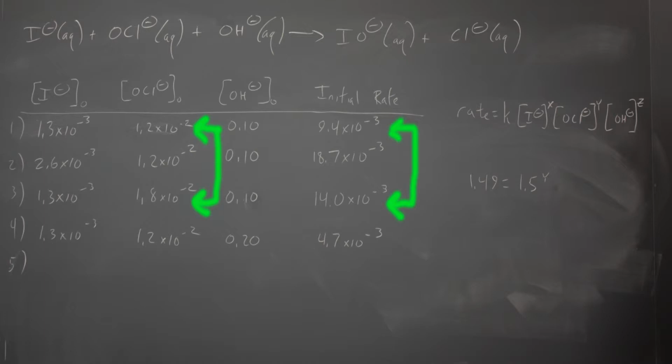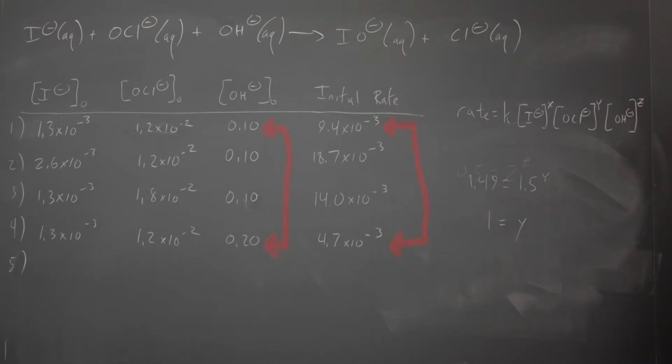And if we actually do the math, we end up with the two rate changes on the side here, 14 versus 9.4, is a 1.49 ratio. So we end up with 1.5 to the y equals 1.49. So okay, yet again, it's still a whole number. We can see that relatively easily. It's y equals 1.